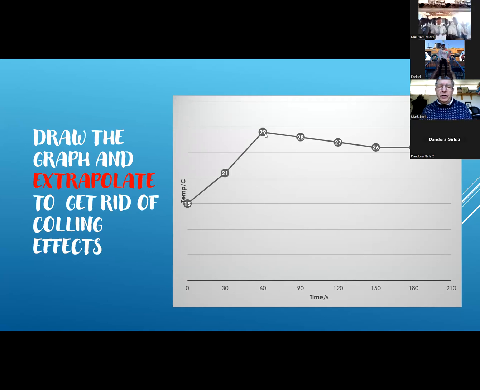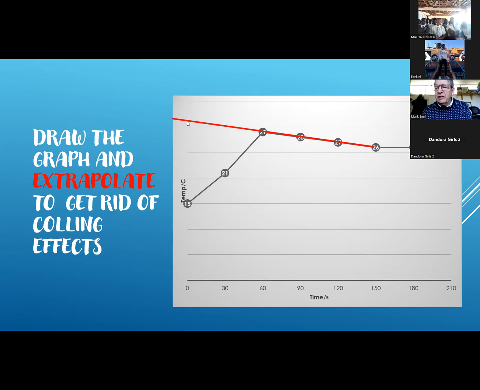Would it have gone up to 29? No, it would have gone higher. How do I know how high it goes? Well, what we do is extrapolate the graph backwards. The idea is that we don't measure, but use the graph to show how much it is being cooled. When you draw one of these graphs, you go up, and then as soon as it starts going down, you use that cooling to draw an extrapolation, a line back up to where it started.